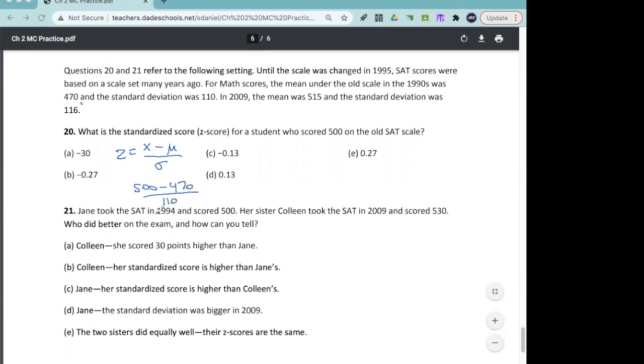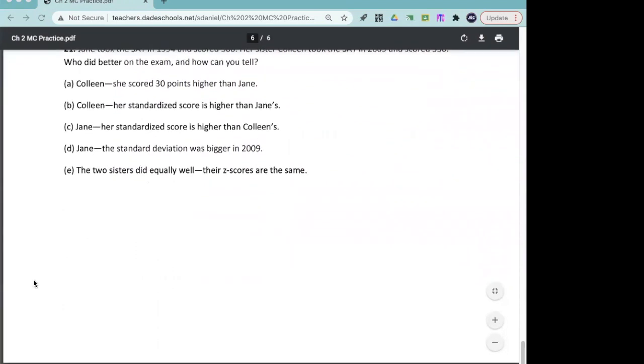And you're going to do that same idea with number 21. You're going to get the score for the 500 from number 20, and you're going to do the same thing with the standard deviation and the mean for 2009. And whoever has a higher z-score will have done better comparatively to what the colleges are looking at. And that's it.